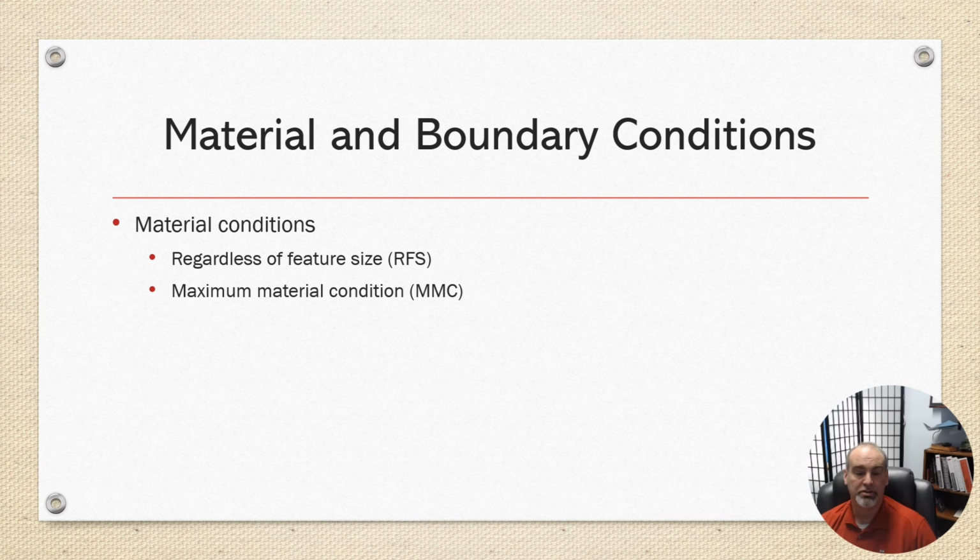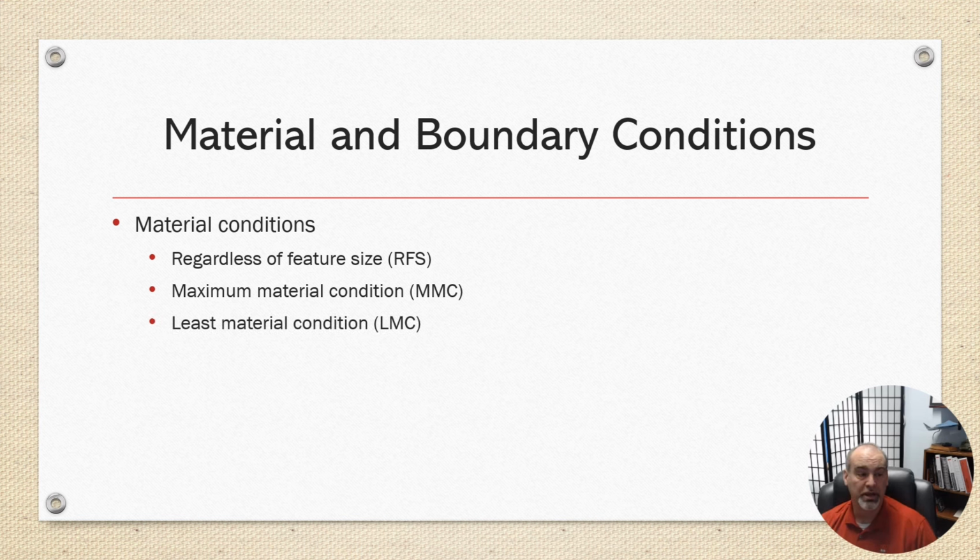Okay, so it's the condition of the part with the most amount of material on it. So if you're looking at a hole, it'd be the hole at its smallest allowable size. If you're looking at the overall length of something, it would be its largest possible size because it has the most amount of material allowed.